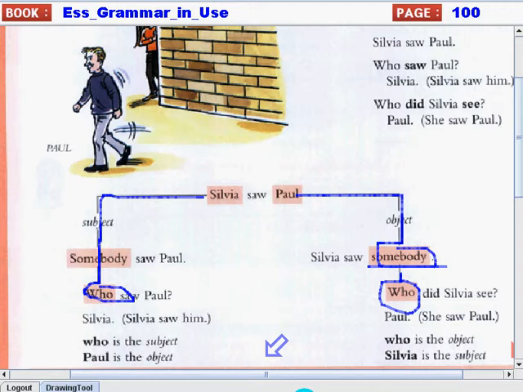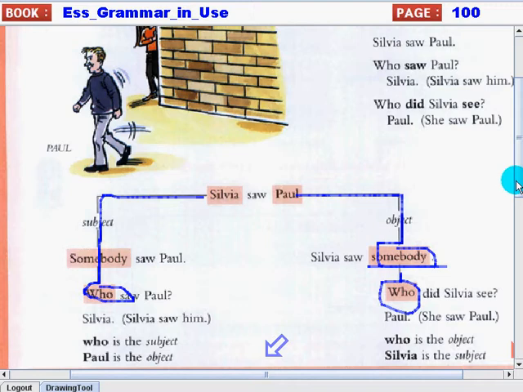Now, the subject of a sentence is the person, place, thing, or idea that is doing or being something. You can find the subject of a sentence if you can find the verb. Okay? Alright. So that is something that you have to remember for you to find out which is subject and object in your sentence.